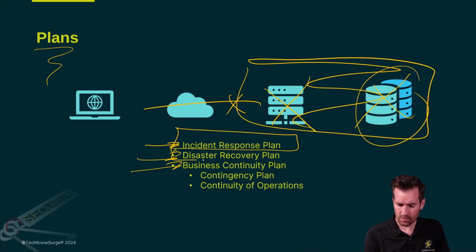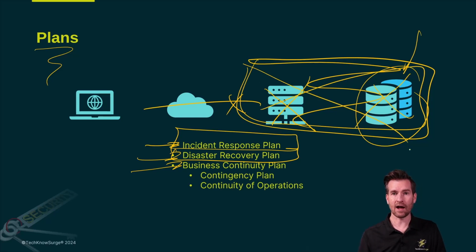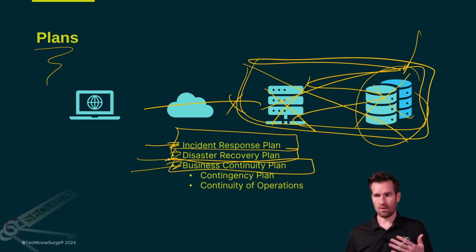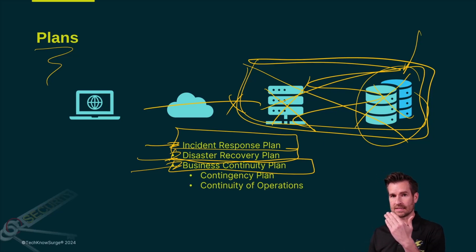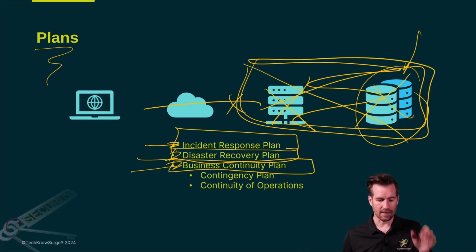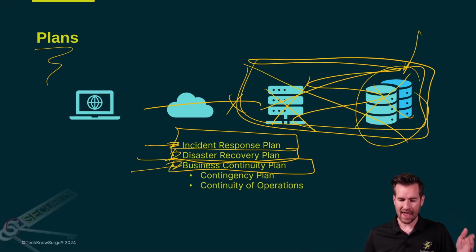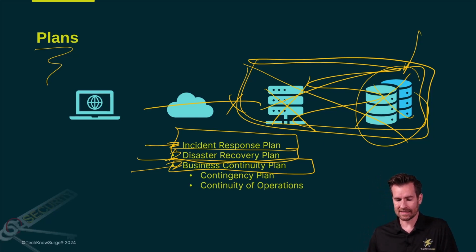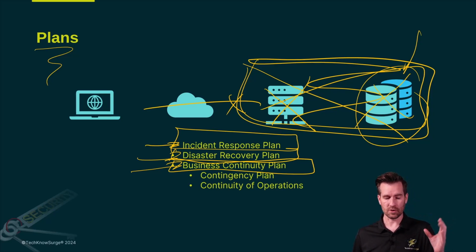Where a disaster recovery plan says, well, if there's an earthquake and our data center goes down, how do we recover all of our data and get back up and running? A business continuity plan says, okay, well, what happens when half of our employees are offline because their connection is down and they can't get into the office, and how are we going to overcome this earthquake that's happened from a more global perspective?